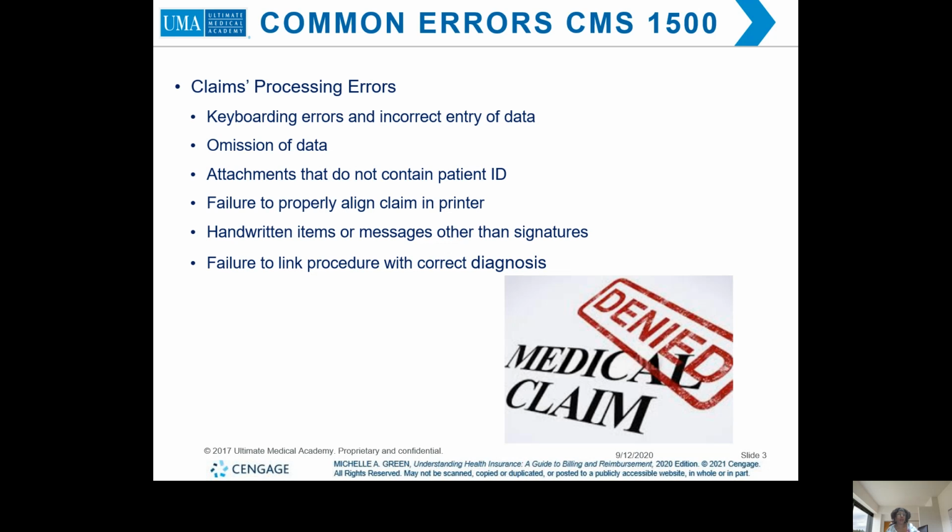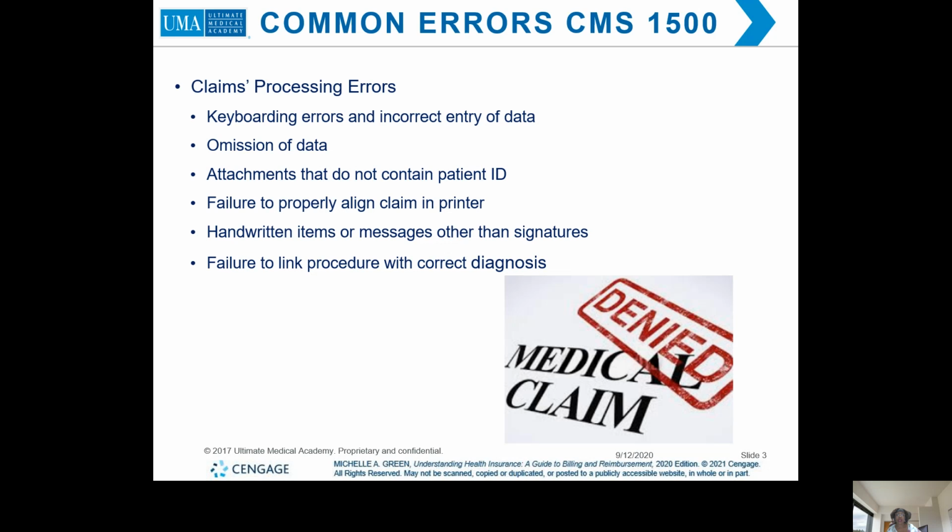I don't know if you can remember, but if you have your book out and look at what the CMS 1500 looked like, there were numbered blocks where specific data was required. Sometimes, if there's a special service, or a claim was denied because the third party payer said, I need additional documentation in order to decide whether I'm going to pay for this service, they would have rejected or denied it and sent it back to the provider.